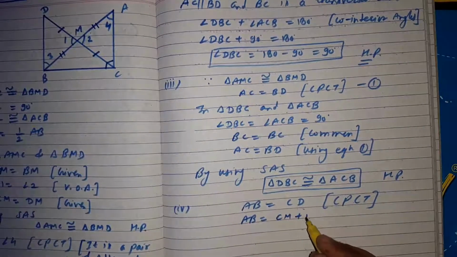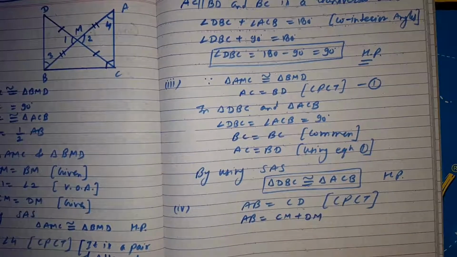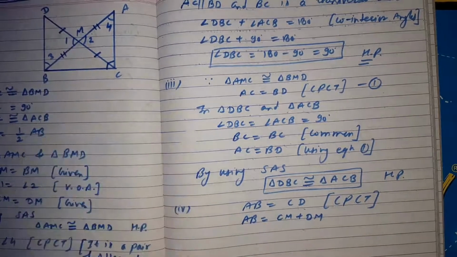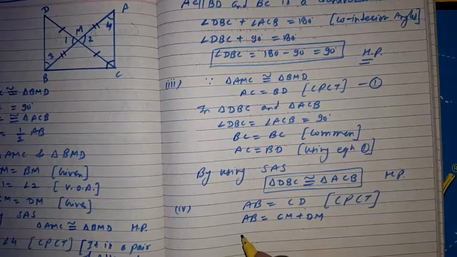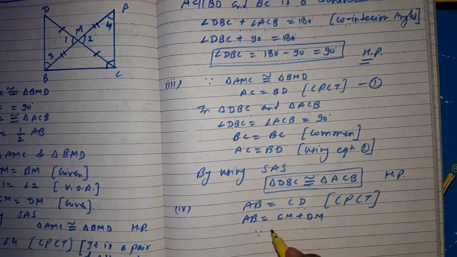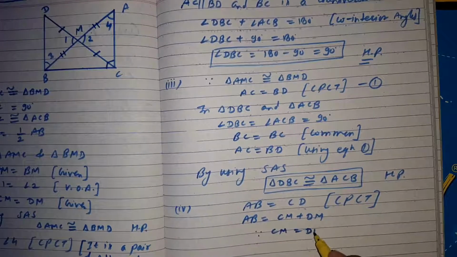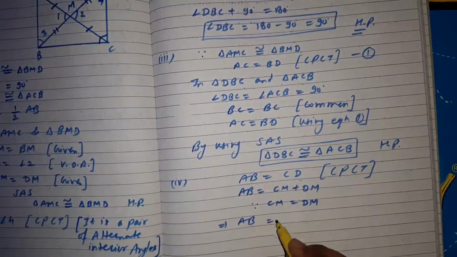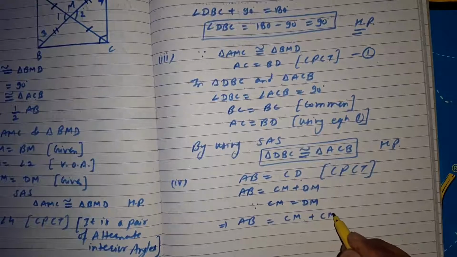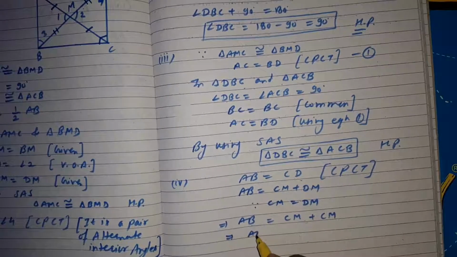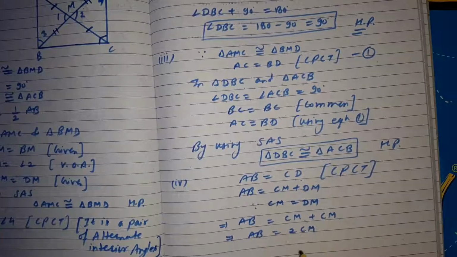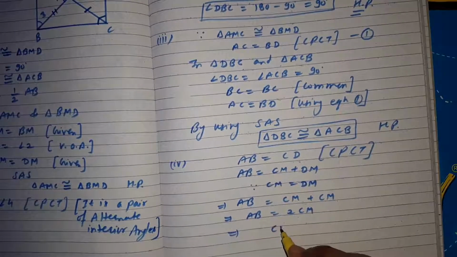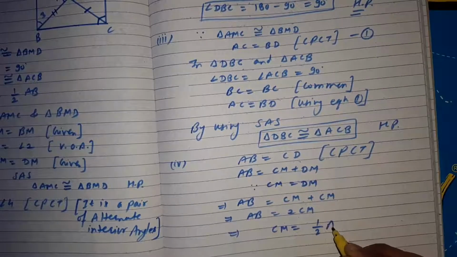Now it is given that DM is equal to CM, so we can replace this value. So AB is equal to CM plus CM, so AB is equal to 2CM.